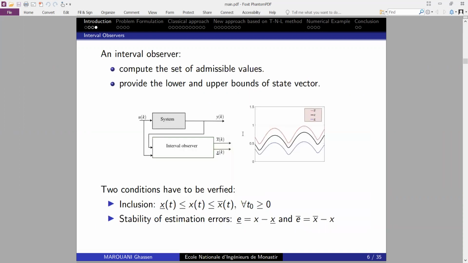An interval observer allows to compute the set of admissible values and provides the lower and upper bounds of the state vector. To design an interval observer, two properties have to be verified. The first property is the non-negativity of the upper and the lower bound of the state vector, and we have to ensure the stability of the estimation errors.